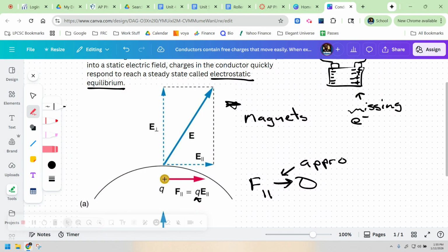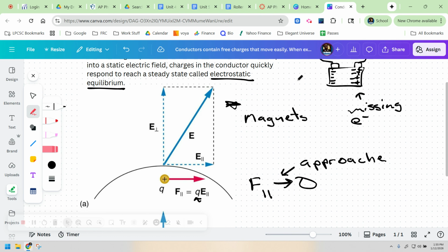So it doesn't start off as 0, but as we move those free charges, whether they be positive or negative, depending on how you want to look at it, eventually we're done moving, and when we do that, the resultant field is perpendicular to the surface of the conductor.